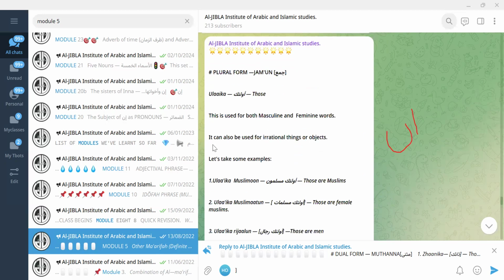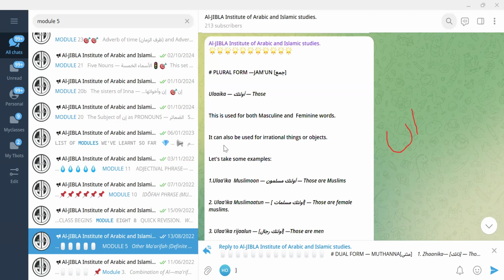Now, we mentioned that it can also be used for irrational things or objects. The words ha'ula and ulaika are mostly and commonly used for rational beings. أولئك المؤمنون, those are the believers. هؤلاء الصادقون, these are the truthful ones, and so on.